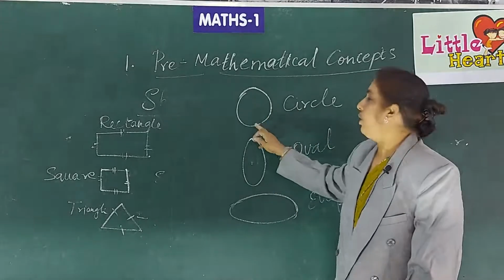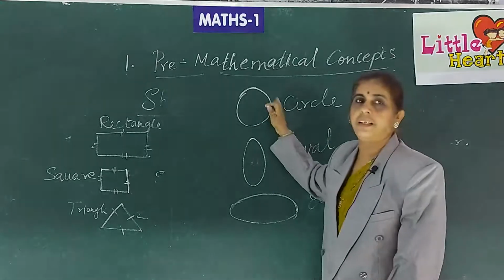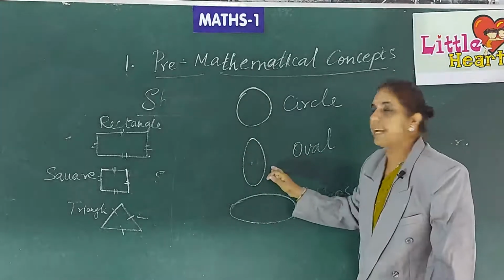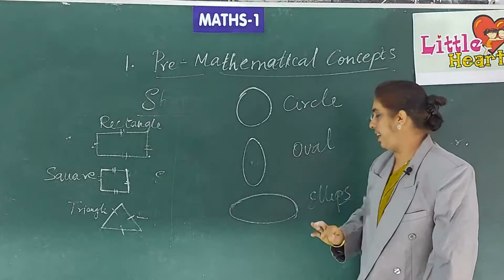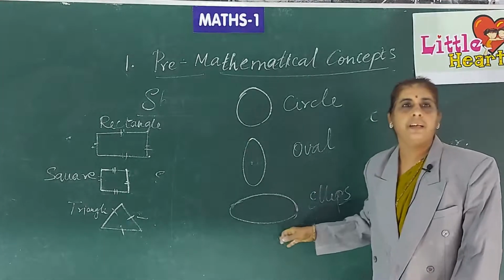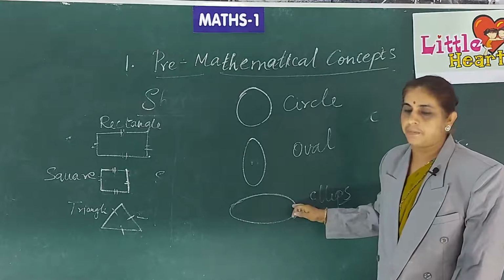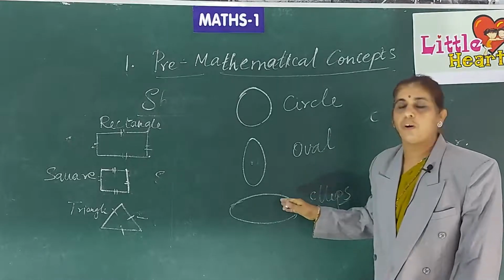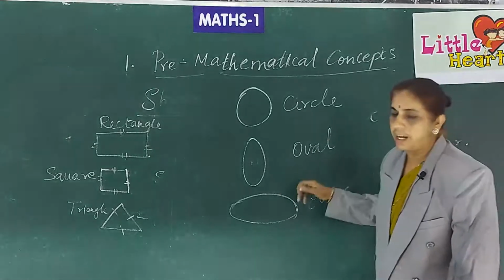Circle, your shirt button is in circular shape, and egg is an example of oval shape, and ellipse, watermelon sometimes will be in elliptical shape. These are the shapes formed out of curved lines.